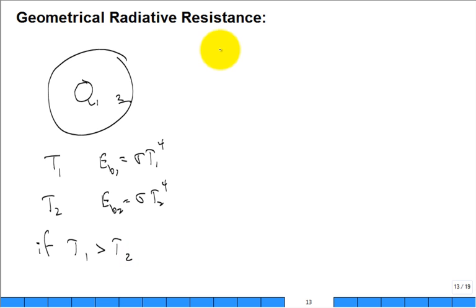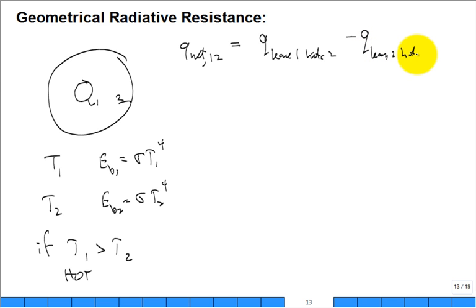So what you do is you say, what is Q net from, I'm going to think of 1 as hot, Q net is going to be 1 to 2. Well, it'll be the difference between the Q that leaves 1 and hits 2 minus the Q that leaves 2 and hits 1. I know they're long subscripts, but the concept is here. So how much is leaving 1?